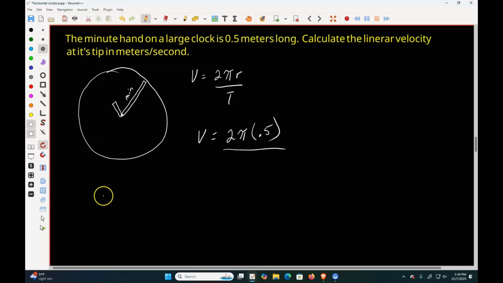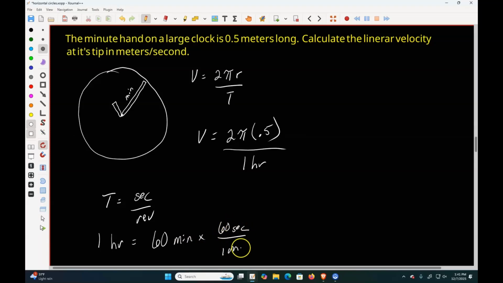Because remember, t is equal to seconds per revolution. So it takes 1 hour for that hand to go all the way around. 1 hour, that's 60 minutes. So that's 3,600 seconds.